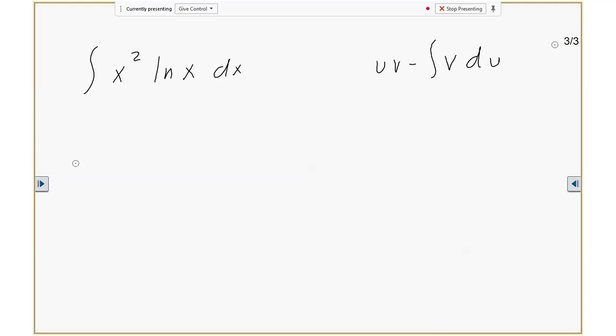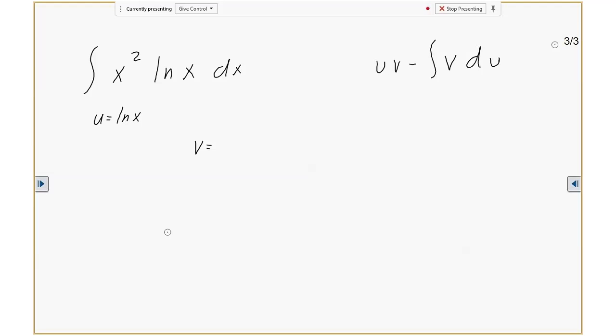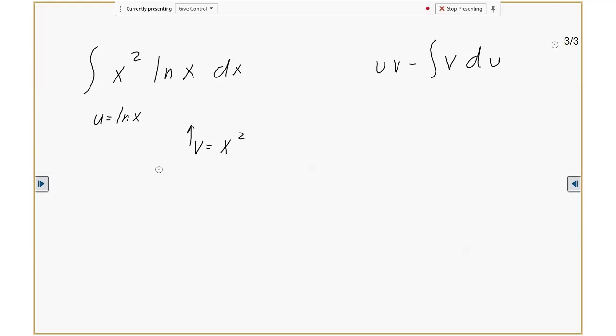So I'm going to make u equal natural log of x. And I'm going to make v equal the other one. Now the arrows I give you so it'll help you out.